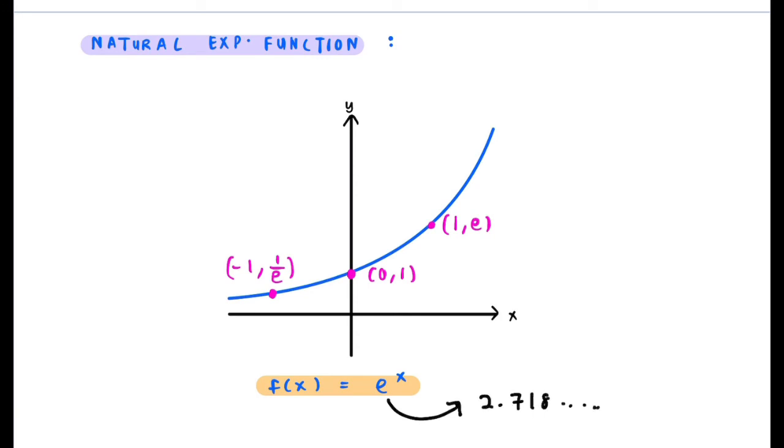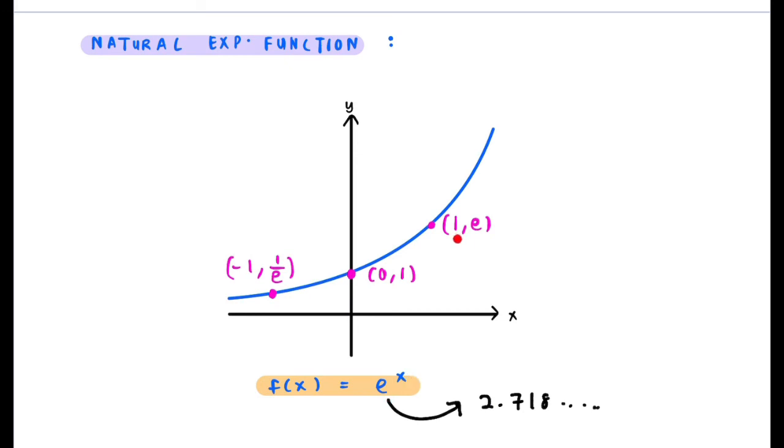So if you notice, this one is more than 1. That's why you have the same shape of increasing graph, like the first type just now. And the compulsory point is the crossing point, which is (0, 1), meaning that e power of 0 is always 1.